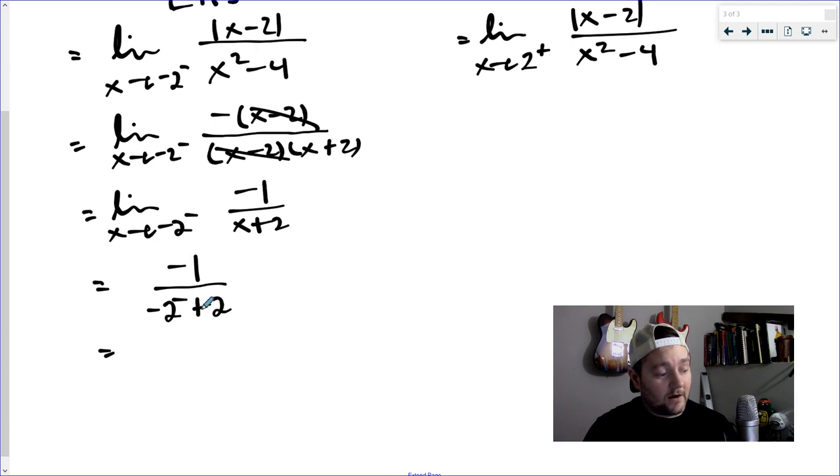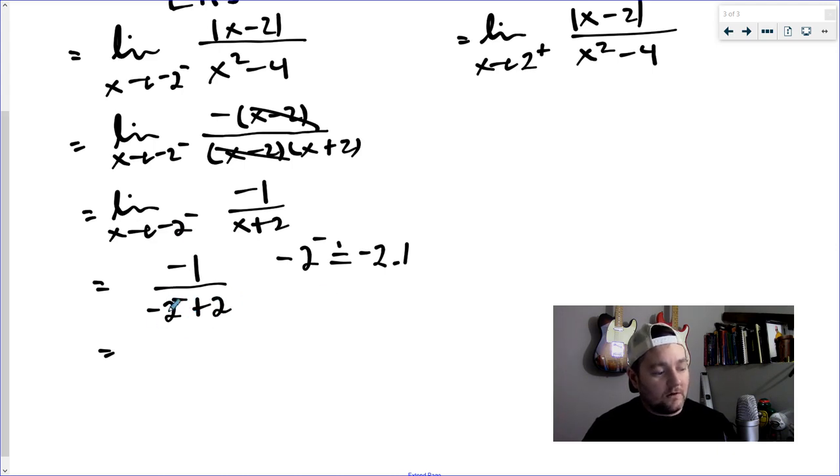On the bottom, I've got something on the left-hand side of negative 2. I think about what is a good number on the left-hand side of negative 2. I might think about negative 2.1 or negative 2.01. But more importantly, what I'm thinking about is what's the sign of the bottom going to be.